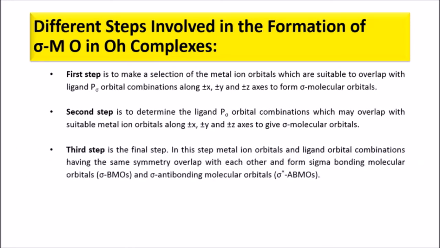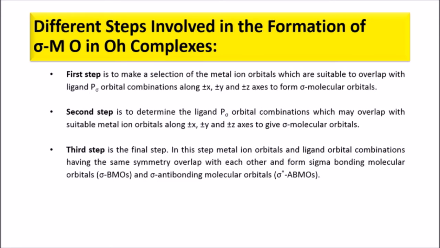Now step 3, in which we study how to generate molecular orbitals. Here the same thing would be there. Third step is the final step. In this step, metal ion orbitals and ligand orbital combinations having the same symmetry overlap with each other, and due to this overlapping it results in sigma bonding orbital formation, that is sigma BMOs, and sigma anti-bonding molecular orbitals, that is sigma star ABMOs.